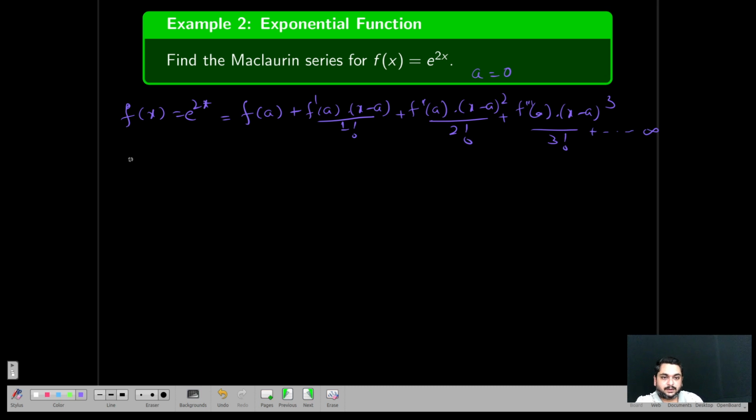Let us find the derivatives. First find f of a. The a here is 0, so f of a will be e power 0, that is 1.